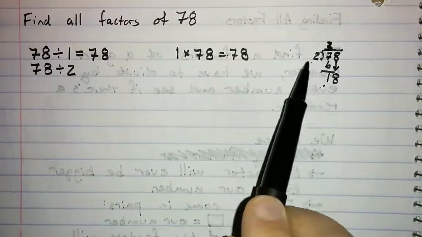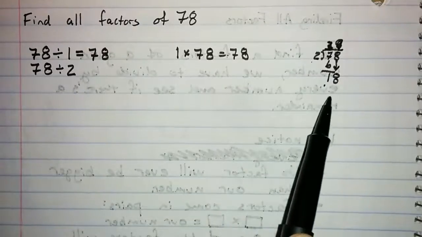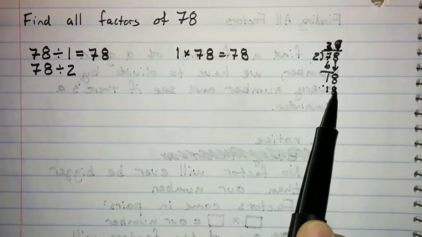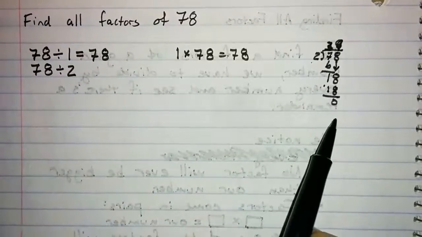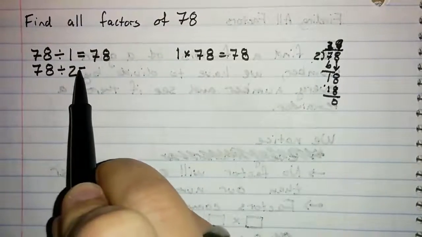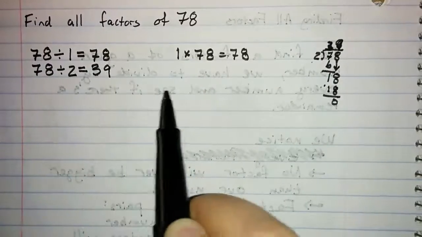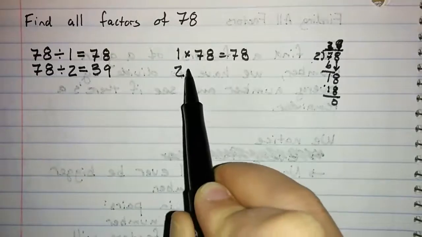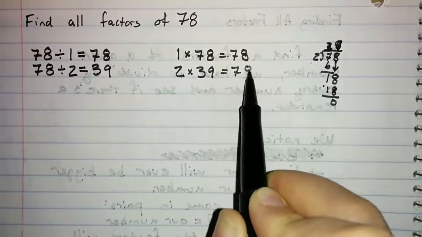Bring down the 8. 2 goes into 18 9 times. 9 times 2 is 18. So remainder 0, we have a factor. 78 divided by 2 is 39. 2 times 39 is 78.